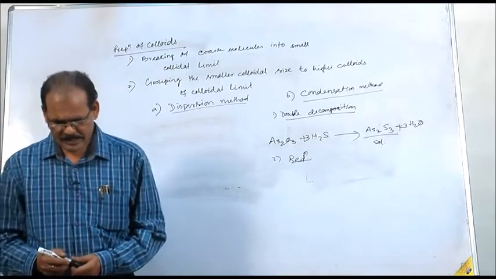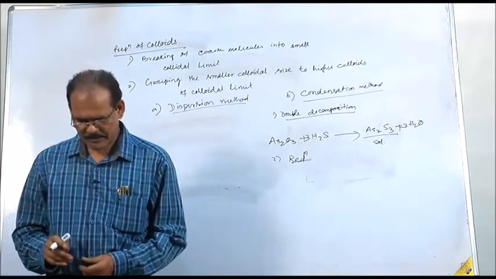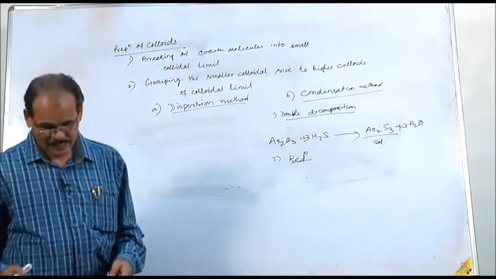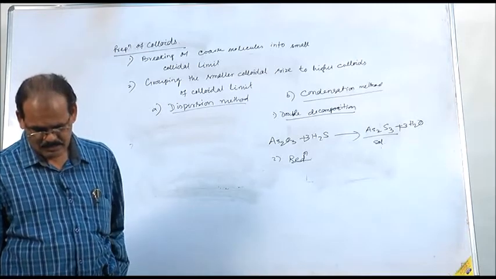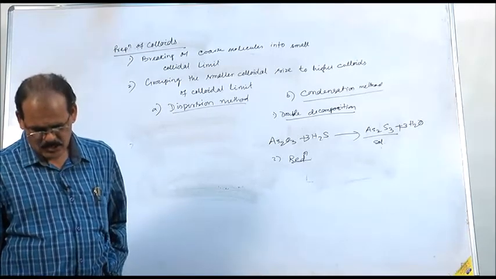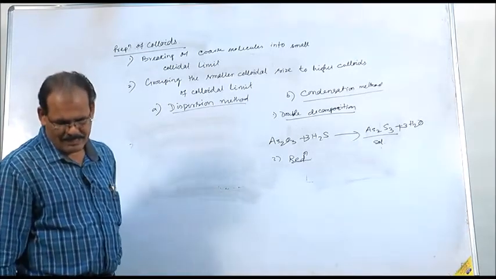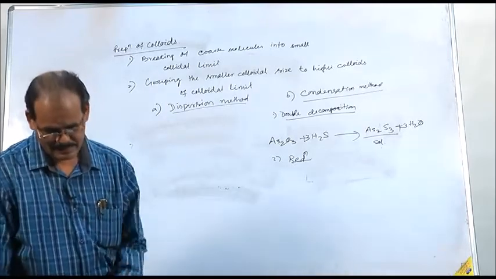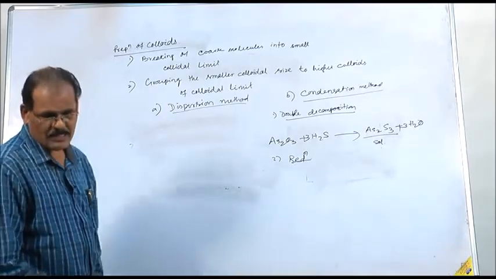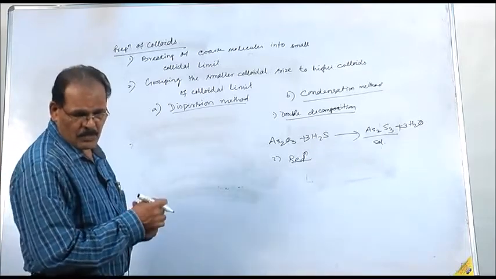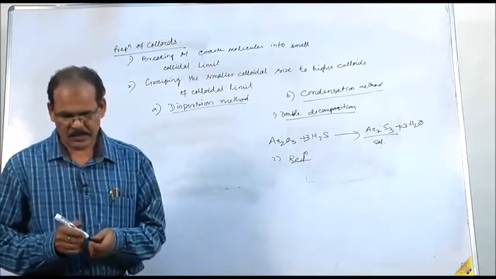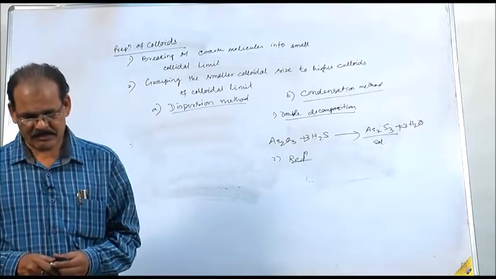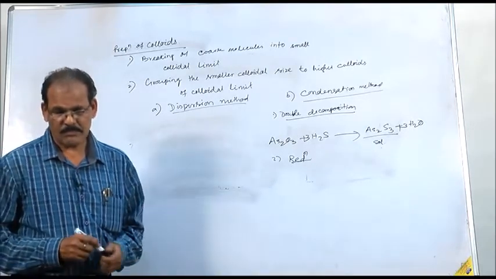If you take silver, gold and platinum, that is obtained in colloidal state by reducing aqueous solutions of their salts by reagents such as formaldehyde, phenyl hydrazine, carbon monoxide, phosphorus and tannic acid, etc. So a solution of gold chloride when treated with formaldehyde gives a colloidal solution of gold.